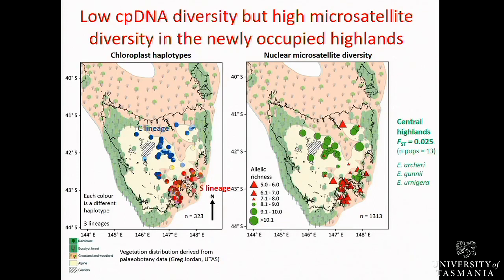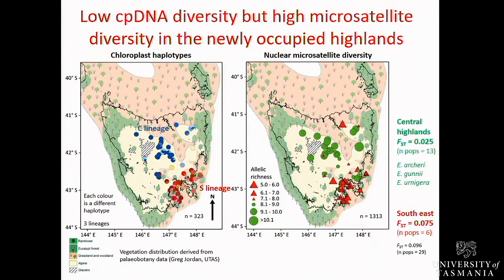And this was accompanied by very low genetic differentiation among the populations on the plateau. This number here, 0.025, remember this covers 3 morphologically distinct species in this area, so there's very low differentiation. So that's further evidence that there's been extensive pollen flow among these populations in this area.